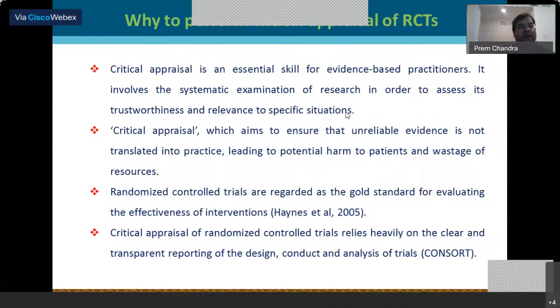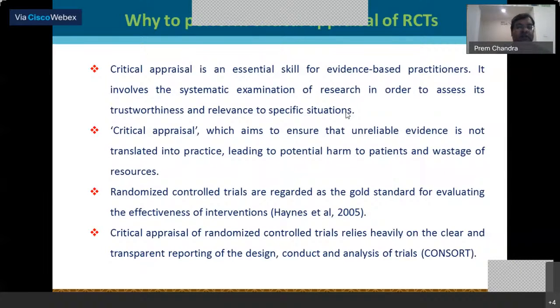And the critical appraisal aims to ensure that unreliable evidence is not translated into practice. That's most important. The evidence coming from the best quality studies should be translated into practice. Otherwise, it may lead to potential harm to patients and of course the wastage of resources and money.